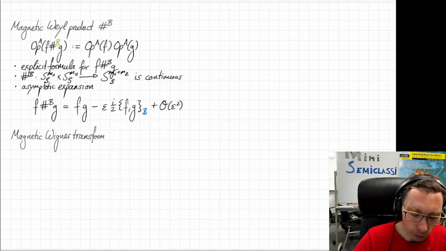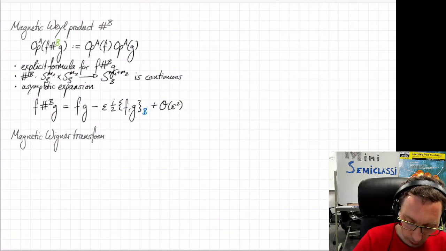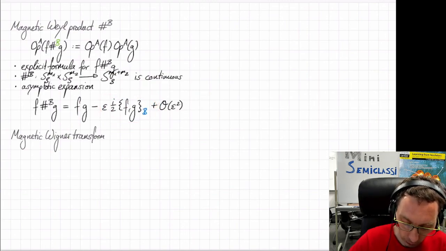The central piece here is the gauge covariance of the quantization rule, which ensures that all properties only depend on the properties of the magnetic field. And lastly, if we think about the semiclassical limit, also here the magnetic field arises quite naturally, and the way we should think about this is that magnetic Weyl calculus uses position and kinetic momentum as its variables.